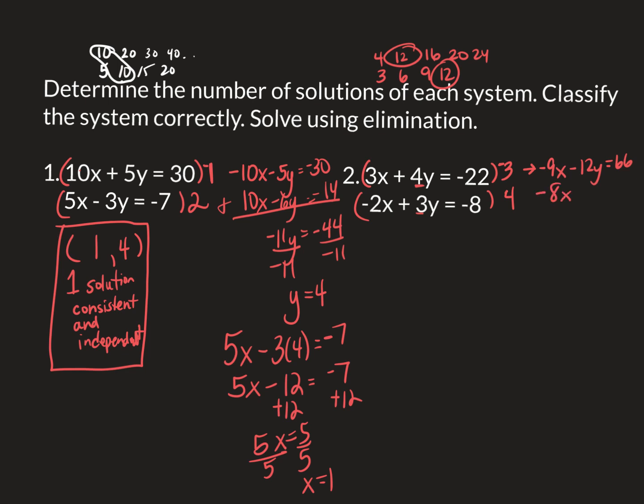Negative 8x plus 12y equals negative 32. Add them together, you get negative 17x equals 66 minus 32. That would be 34. Divide by negative 17. X would equal negative 2. So I know that this has one solution.